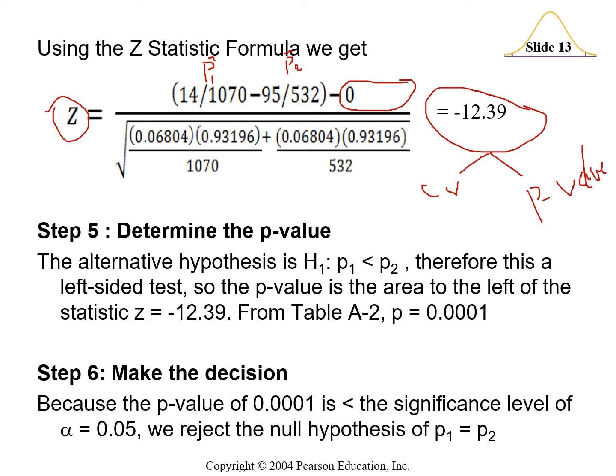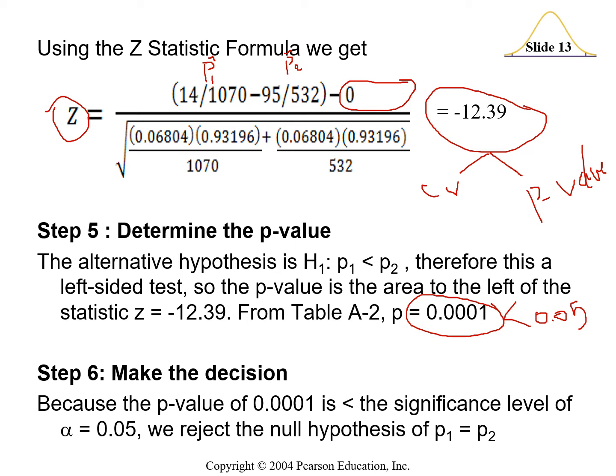And we know also from the table, for any value less than minus 3.49, the area to the left is considered to be 0.0001, which is the P value. So the P value is a very small number, which is less than alpha, which is 0.05. So we reject the null hypothesis.